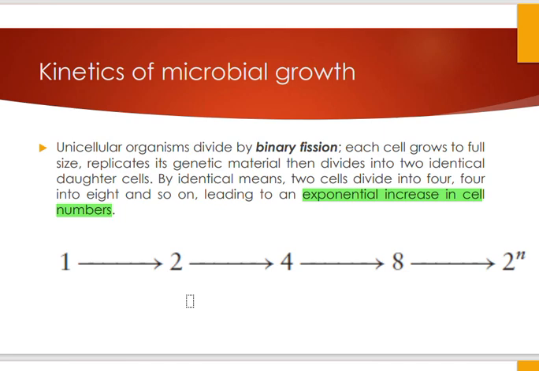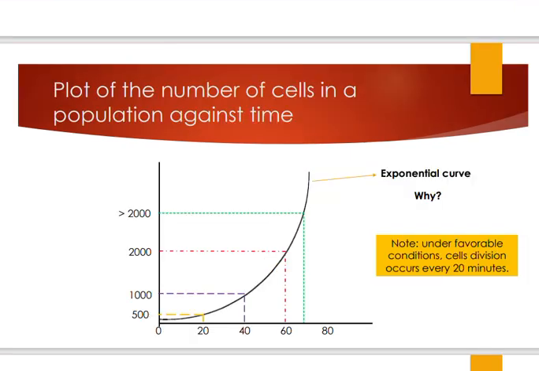Again, one cell can divide into two, the two cells can divide into four. So as you can see, there is an exponential increase in the cell numbers. So now you are asking, why is there an exponential curve for your microbial growth curve?